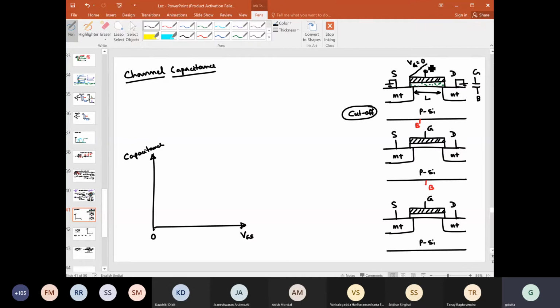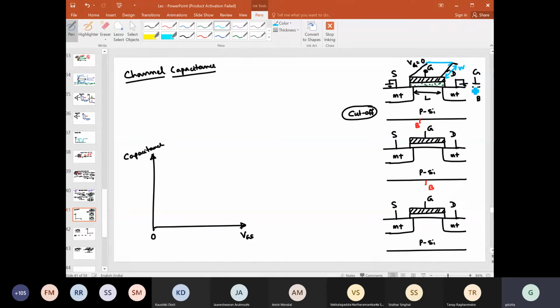Also try to visualize what we did on the last page: this is the width W, right?